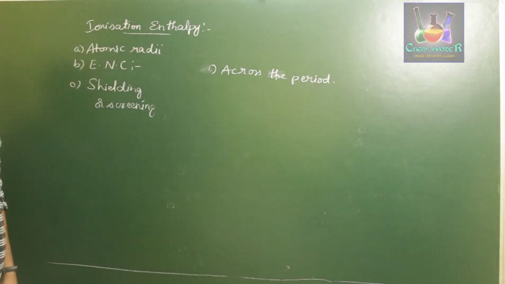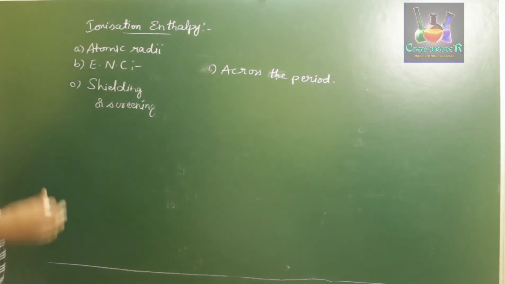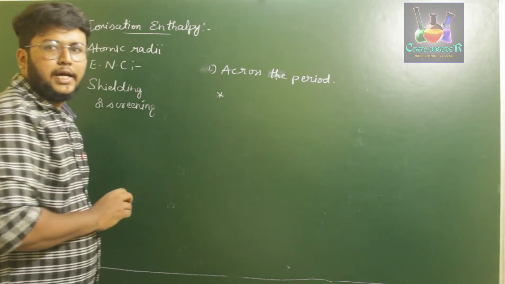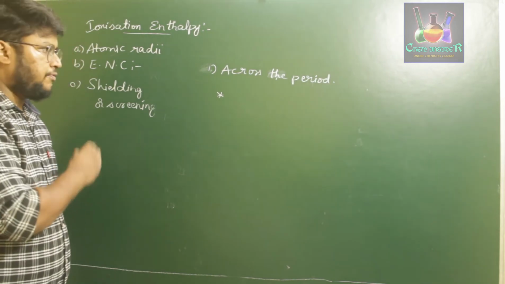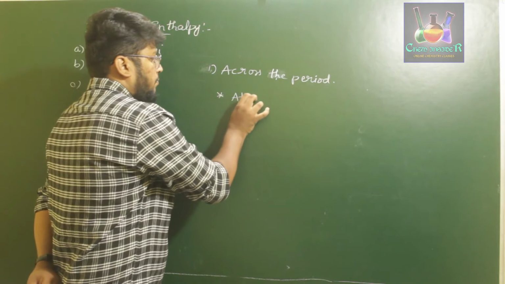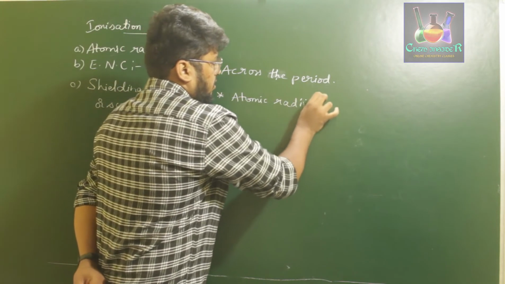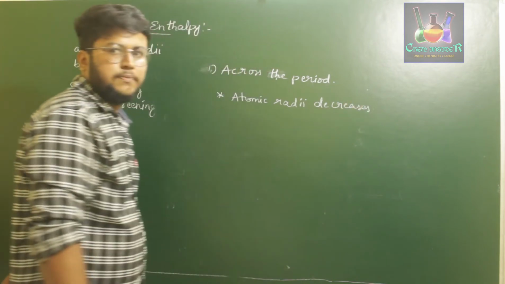When we move from left to right, as we observed in the previous video, atomic radii decreases, right? When we move across a period from left to right, atomic radii decreases. So what happens when atomic radii decreases?